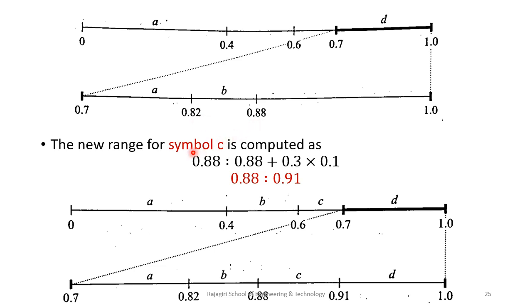Similarly, the subrange of symbol C is computed as the lower limit, which is 0.88, to the upper limit. The upper limit is calculated as the lower limit plus D, which is 0.3, times the probability of symbol C, which is 0.1. So we get the subrange of C as 0.88 to 0.91. Thus, the interval 0.7 to 1 has been divided into 4 based on the symbol probabilities.